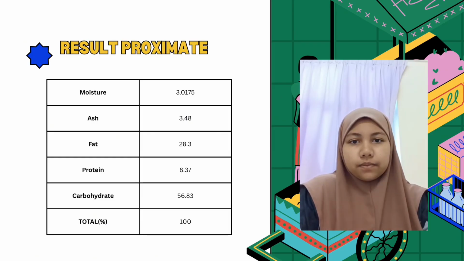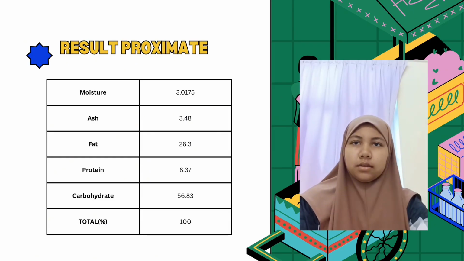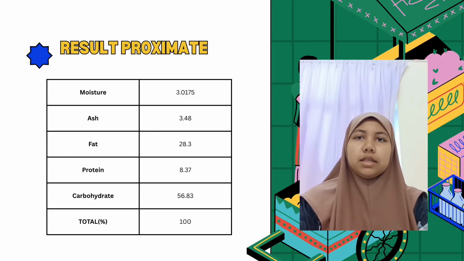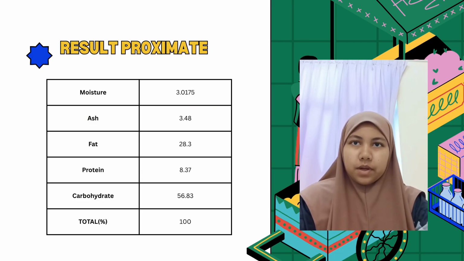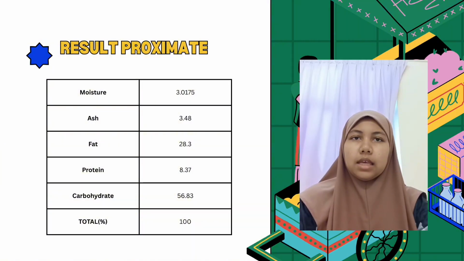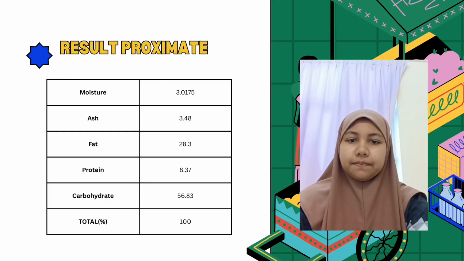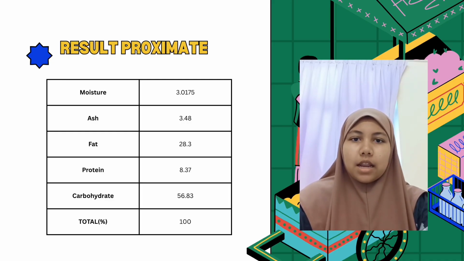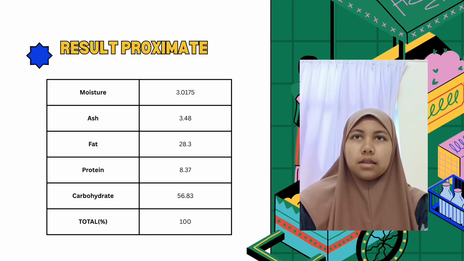Other than that, we also have fat, which is 28.3% in the sample. The high fat content shows that the sample is a rich source of energy and may contribute to flavor and texture. Other than that, we have protein, which is 8.37%.